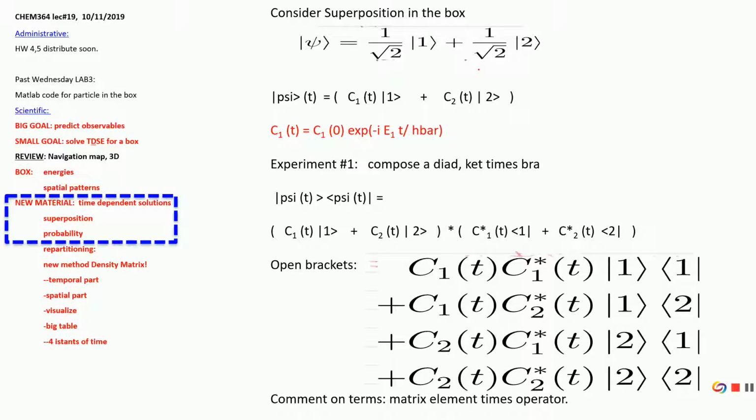So let's just do this operation algebraically without thinking of the meaning. Why don't we try this little mathematical experiment? We take our wave function and the conjugate wave function and multiply them in the form of ket times bra.